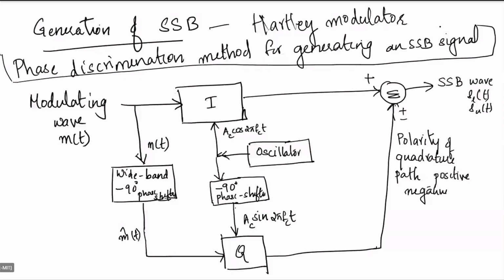You have a modulating signal and two product modulators. This is the in-phase path, and this is the quadrature path.